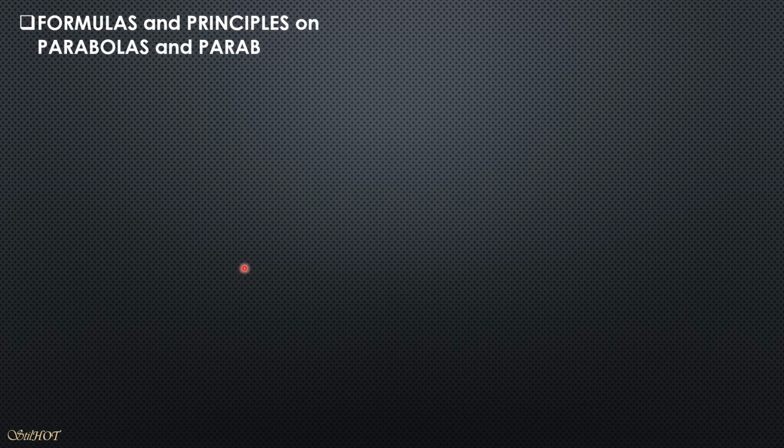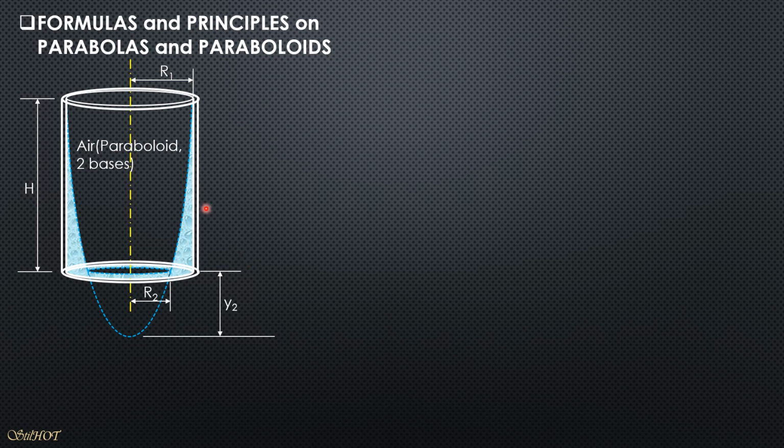So still on formulas and principles on parabolas and paraboloids. So let's have the situation here. This time we have an open cylindrical tank, and because of high speed of rotation, the parabola extends below the bottom center, and we have here an imaginary paraboloid, and the bottom is exposed partially.